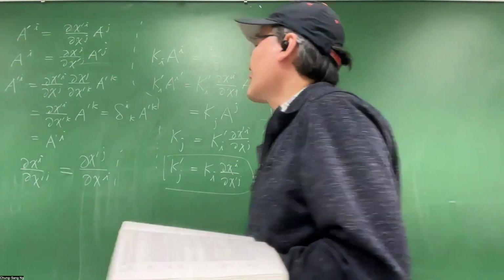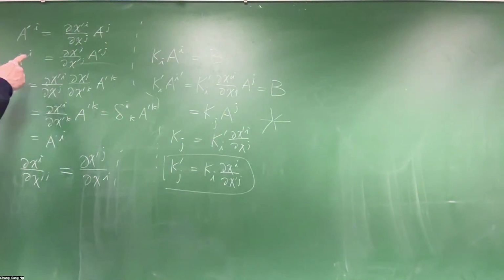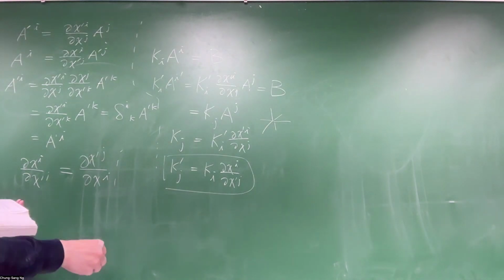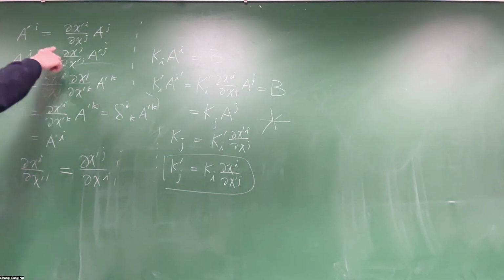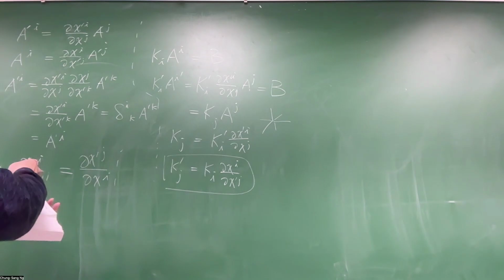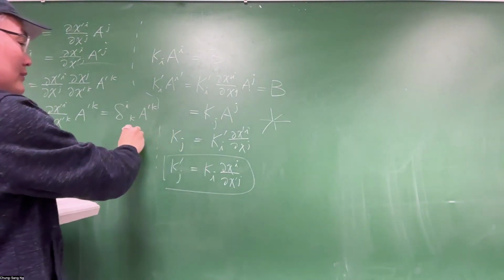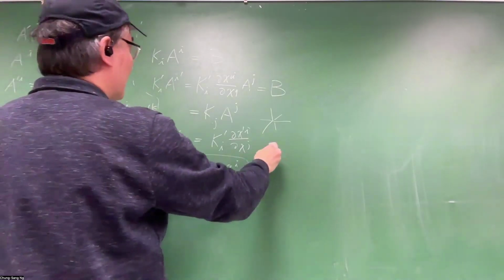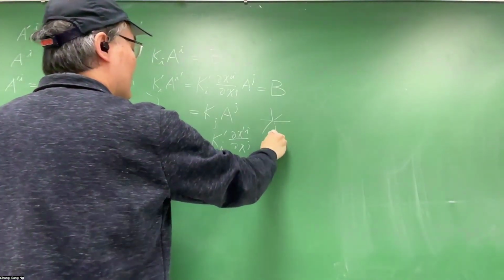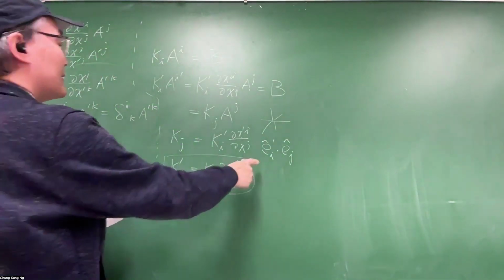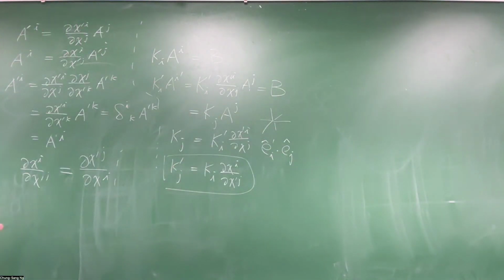And you can check that for all these rotation transformation matrices, the determinants of the transformation matrix, which is equivalent to what we described at first, e_i prime dot e_j, is basically the same thing.